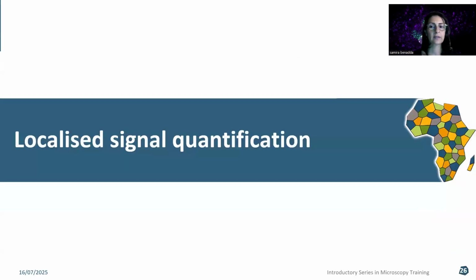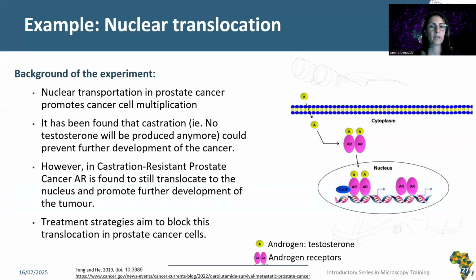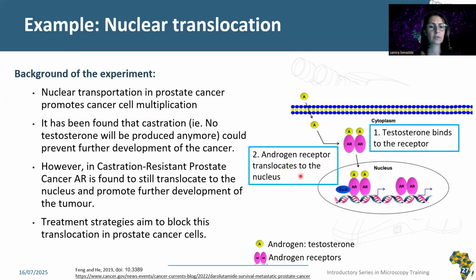Let's look at localized signal quantification. In this example, this is the example of prostate cancer. Nuclear translocation in cancer promotes cancer cell multiplication. We have testosterone binding to the receptor. After that, the androgen receptor translocates to the nucleus, and there is transcriptional activity of the androgen receptor.